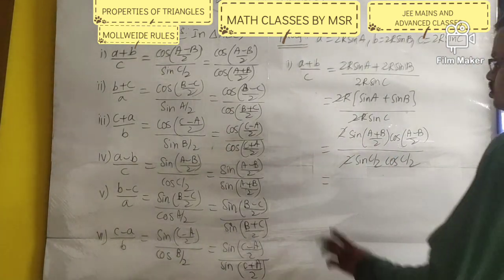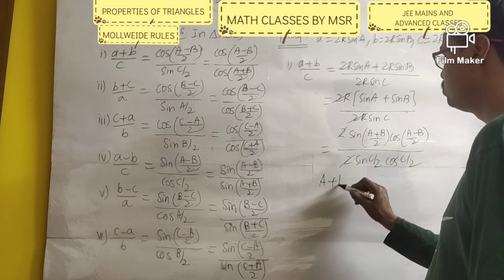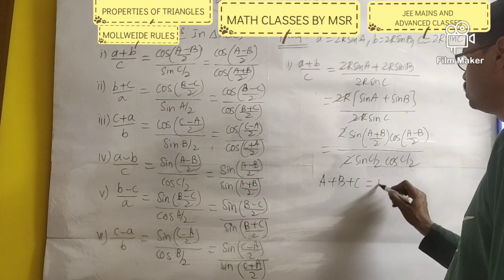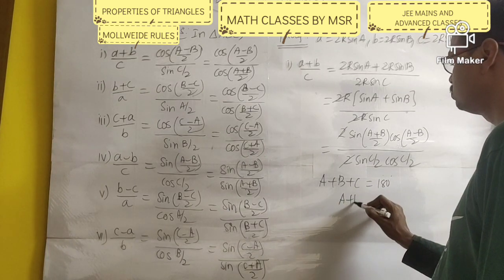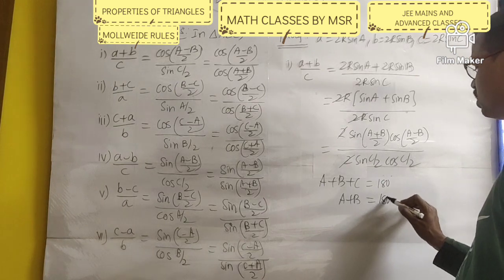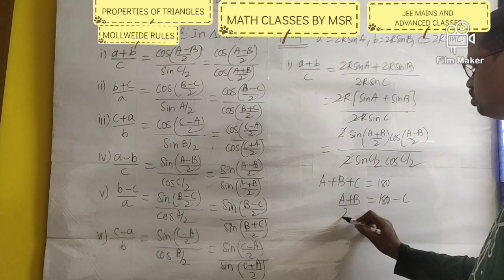Now what I will do is, we know that in a triangle ABC, a plus b plus c is how much? 180 degrees. So a plus b is equal to 180 minus c. So (a plus b) by 2 will be how much?